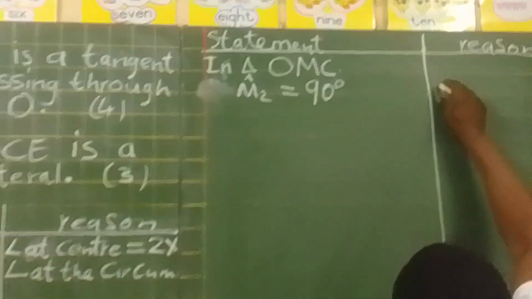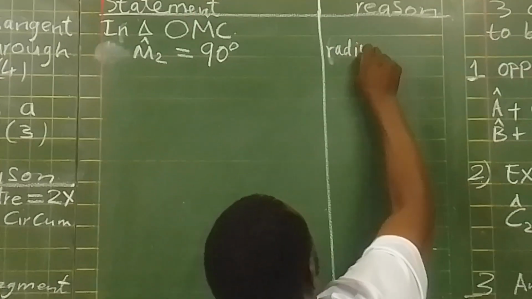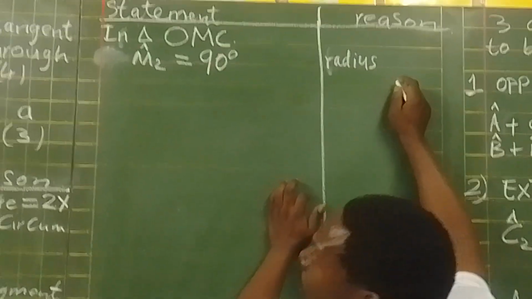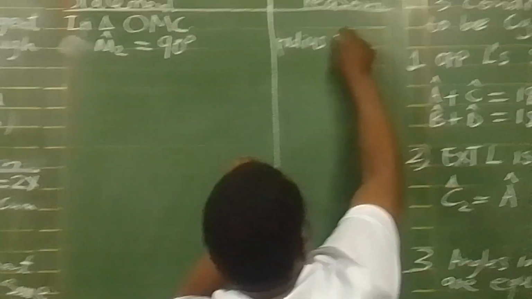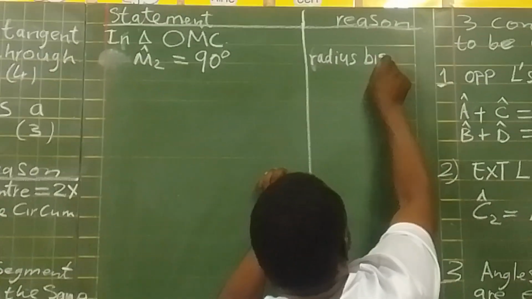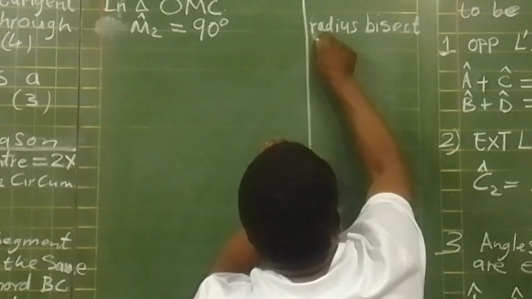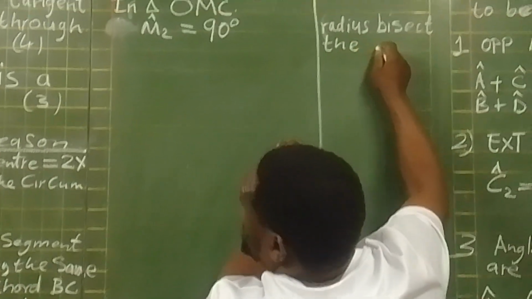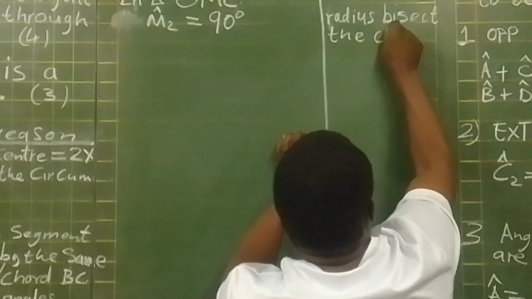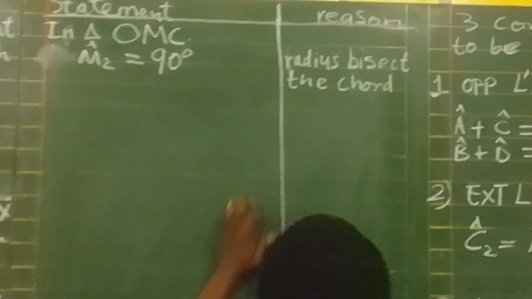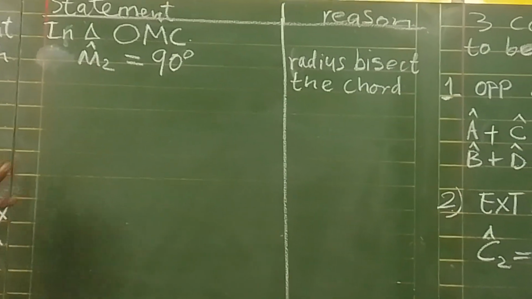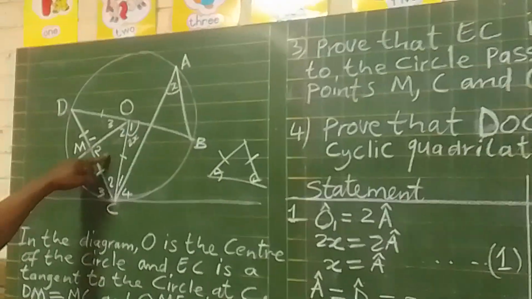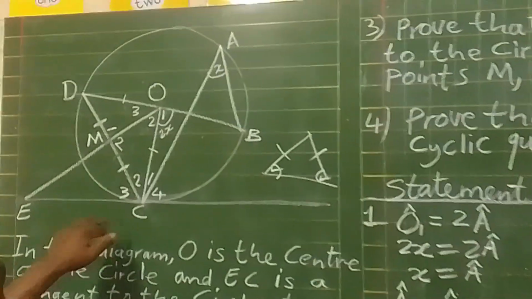So the reason is, radius bisects the chord. Once it bisects the chord, it makes 90 degrees. We have M2 as 90 degrees. So if we have M2 as 90 degrees, what can we say?